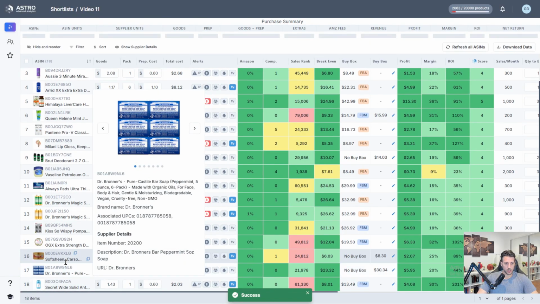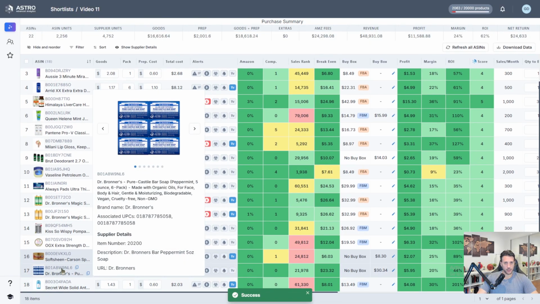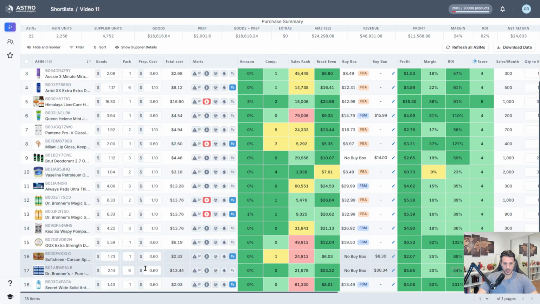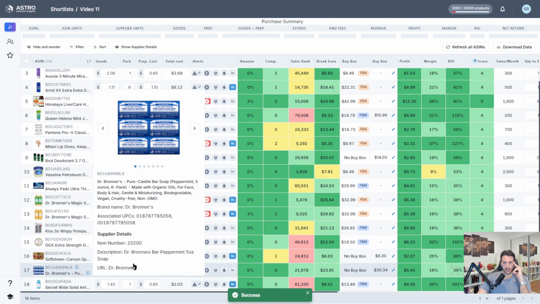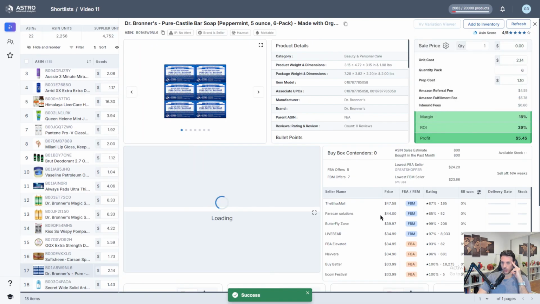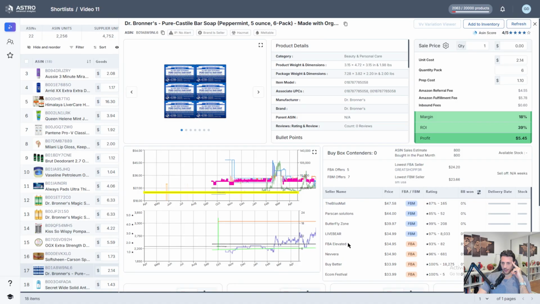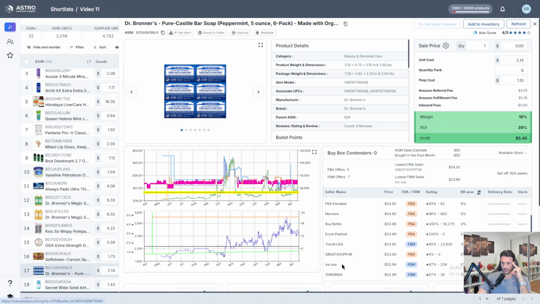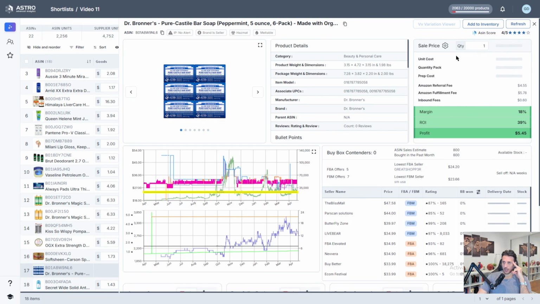Final 2 now. So we have Dr. Bronner's, this is a 6-pack. Let's check out the data here. So who is our competitor? We have these sellers here at $34.95, $32, $33. So $33 would probably be our most competitive price.